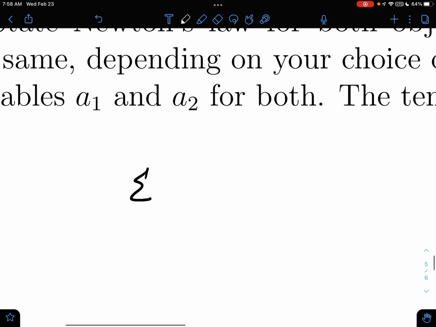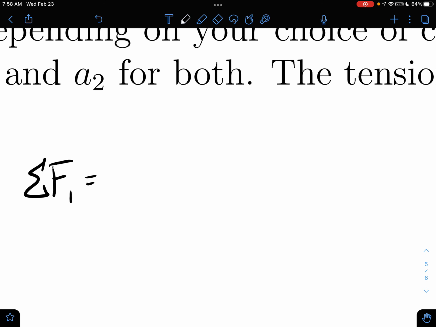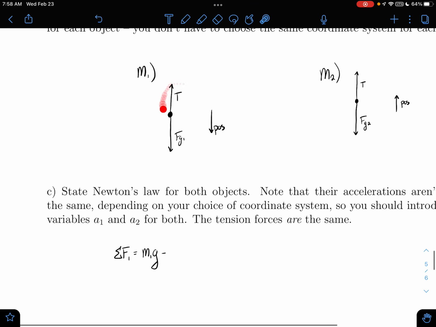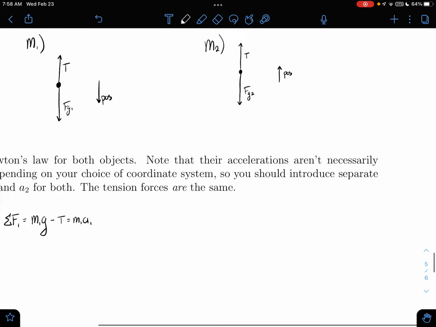Now we do our Newton's second law. The sum of all forces on number 1: I said my FG is in the positive direction, so that's M1G plus a negative tension, and that equals M1A1.